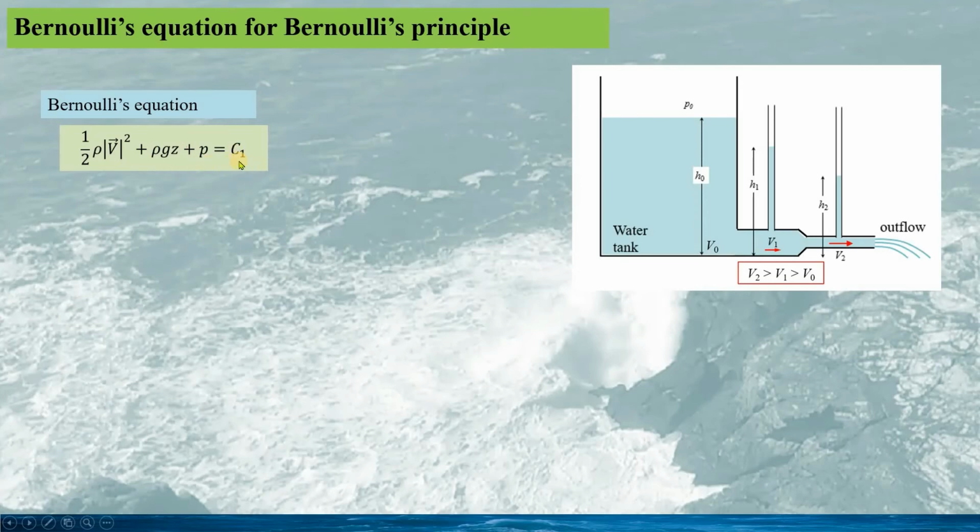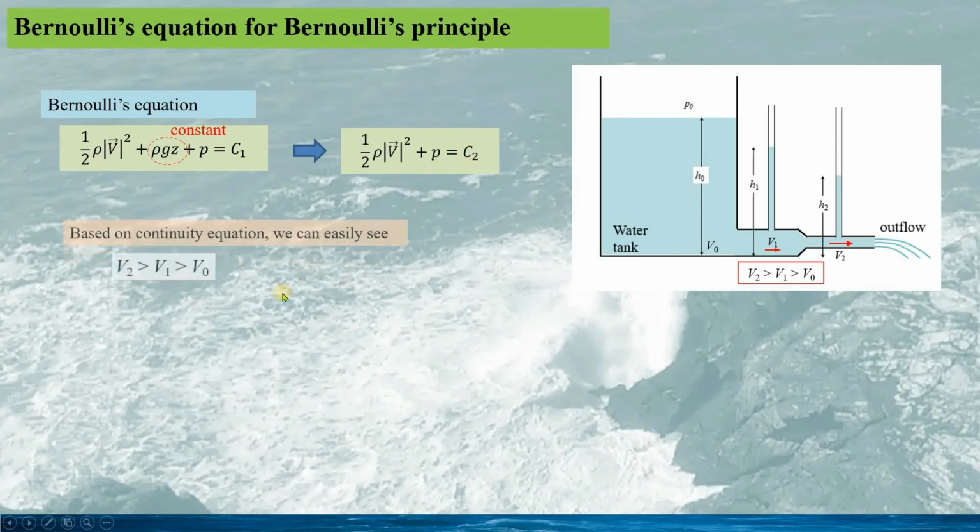Here, C1 is the integral constant. If we take the bottom of the tank as the reference, this term would be a constant. Therefore, Bernoulli's equation can be written in this form. Here, C2 is a new constant.